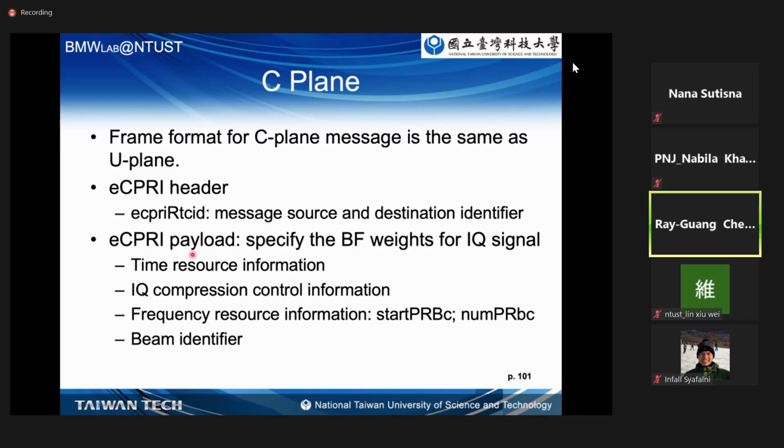And the most important part of the payload is that it specifies the beamforming weight for the IQ signal. So this is the weight we just mentioned before.